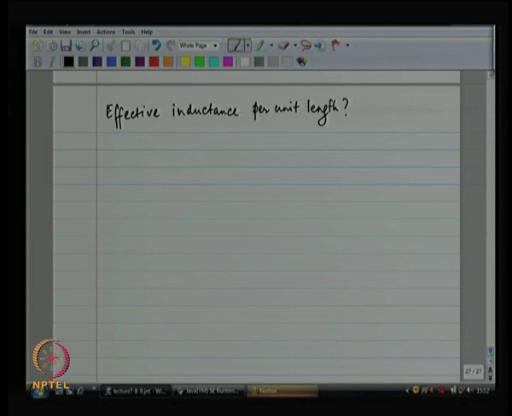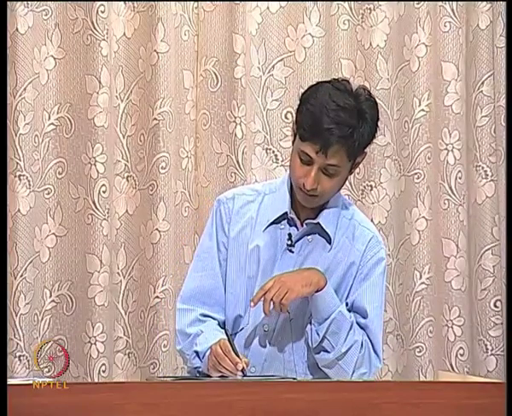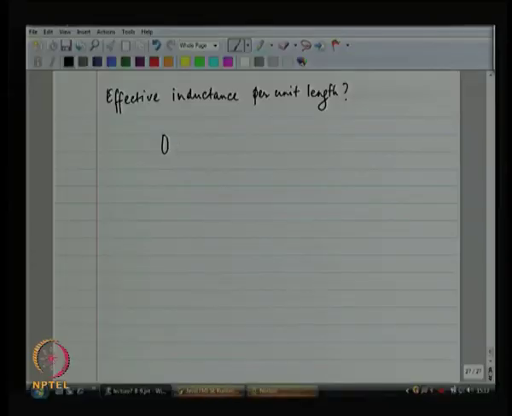Okay. And to do this, I am going to model my wire, or actually my system, as a combination of two wires, one through which current is going to go, the other through which current is going to come back.